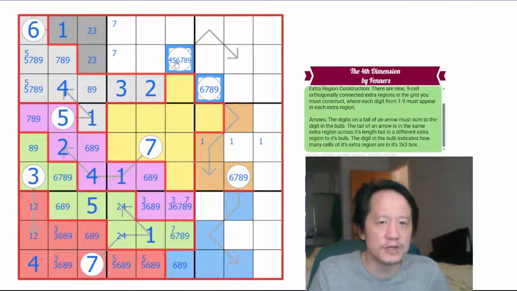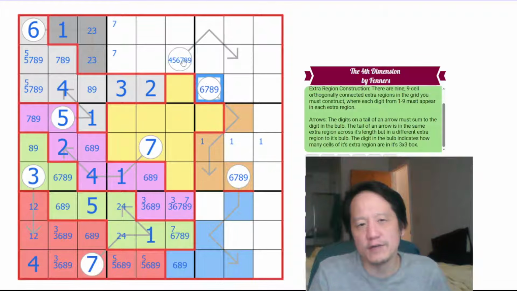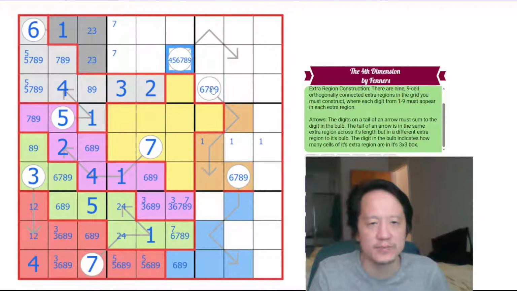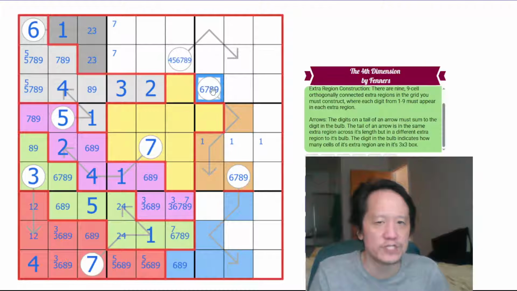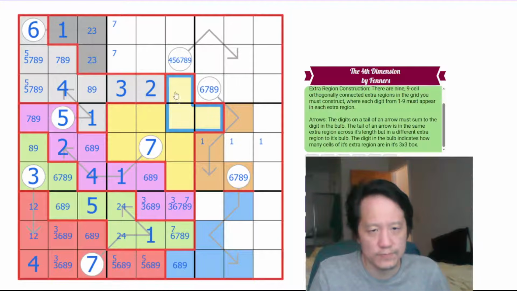If these are the same region, they would have to have 4 and 6 in their respective 3x3 boxes, which adds up to 10. So these have to be different regions. That's interesting.